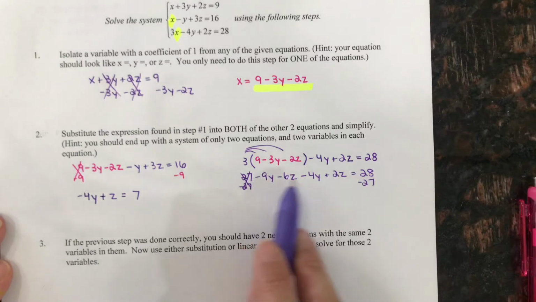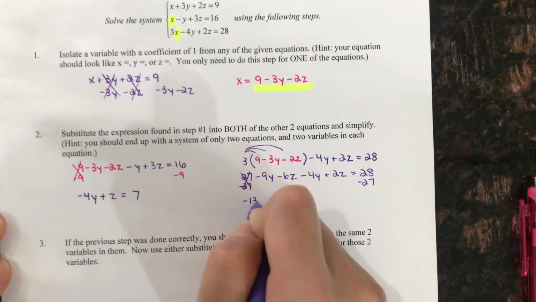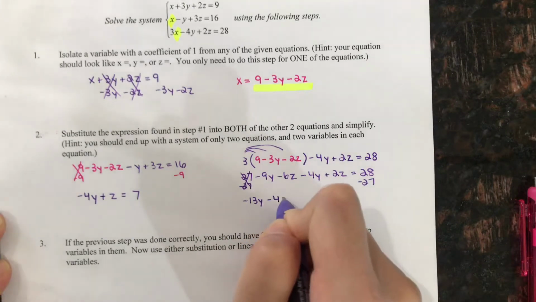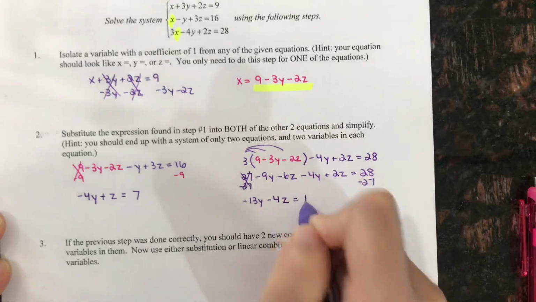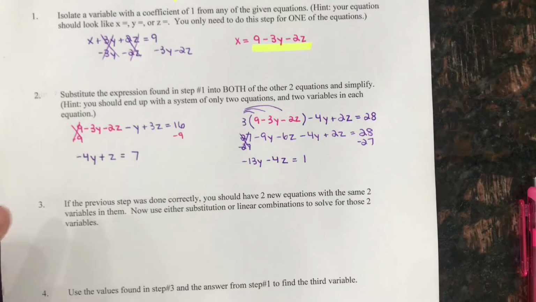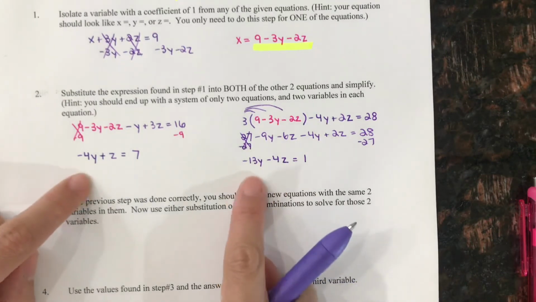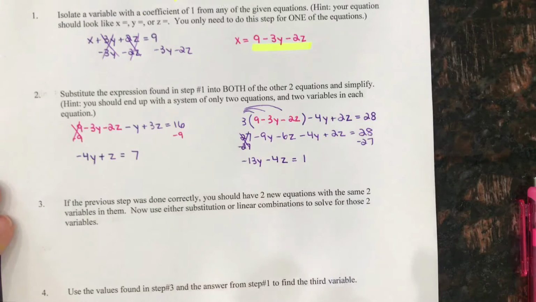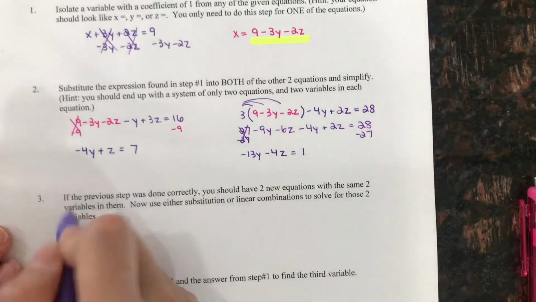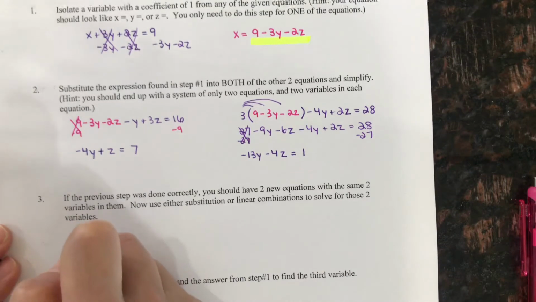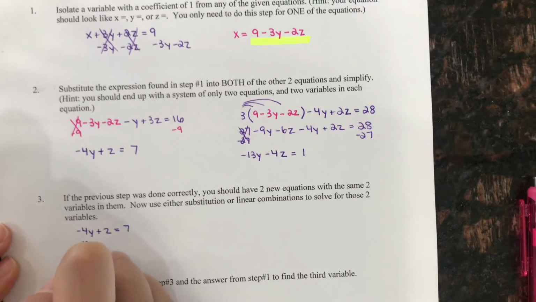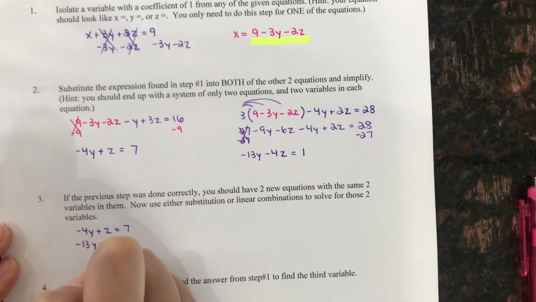Combine our like terms. So we've got negative 13y. Combine our z's. We have just one on this side. So once we get this into standard form, so we call this standard form when the variables are on one side, constants on the other, we can create a system. So I've got negative 4y. I just like to rewrite it. You don't have to do this part, but I like having both equations right in front of me.